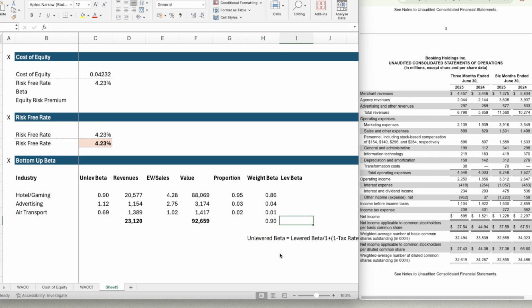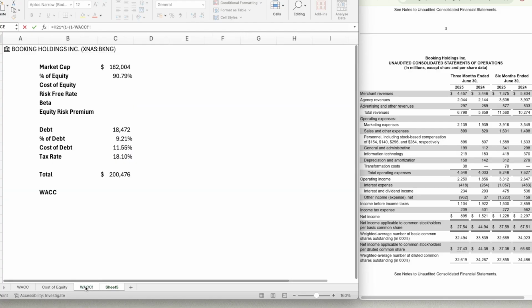So let's do that. We do equals multiplied by 1 plus 1 minus, and we know our tax rate because it's in our WACC.